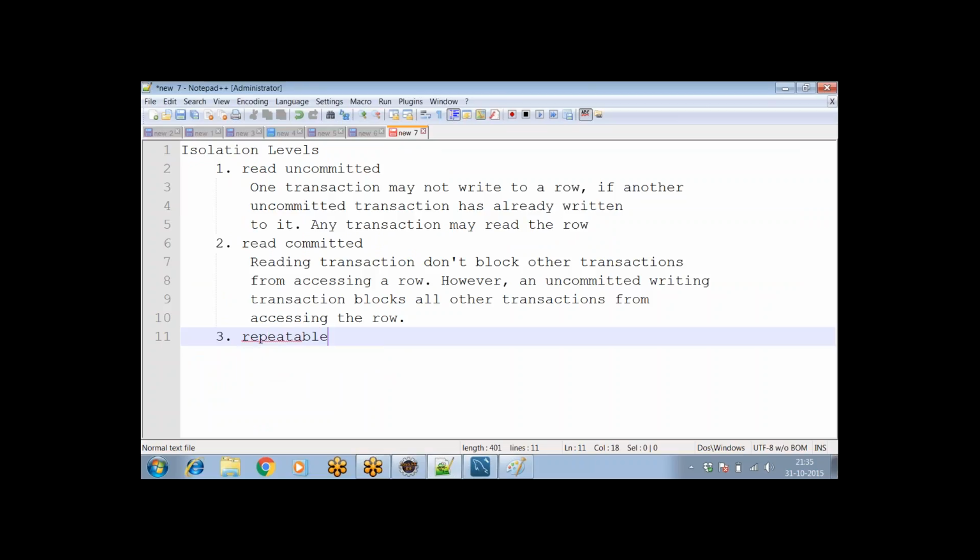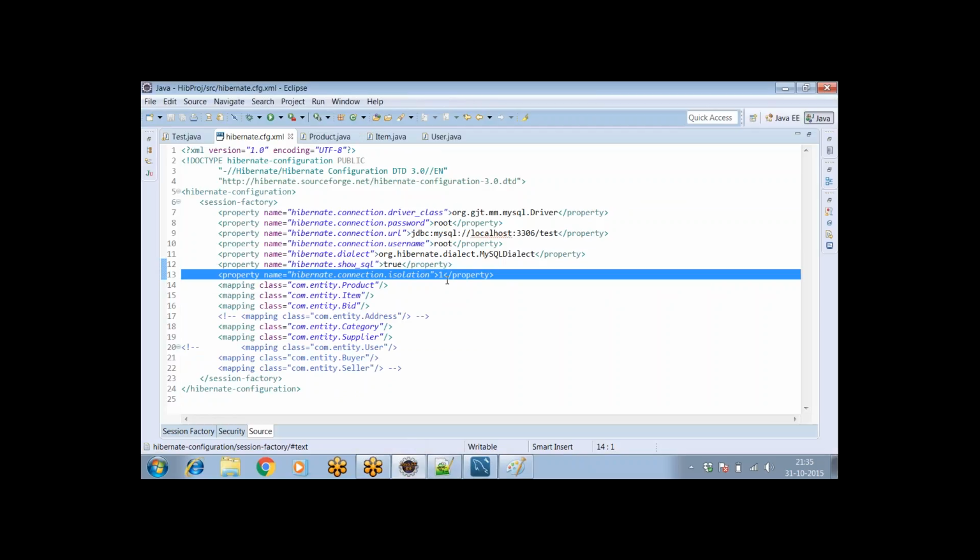Actually, I didn't show you people how to set the isolation level for read committed, right? So if you want to set the isolation level to read committed, this property value should be 2 here.